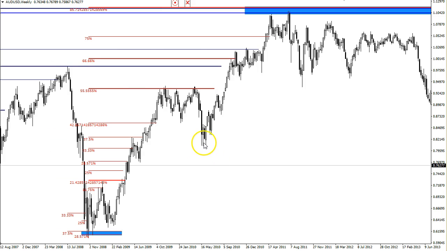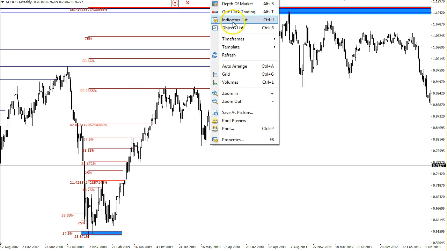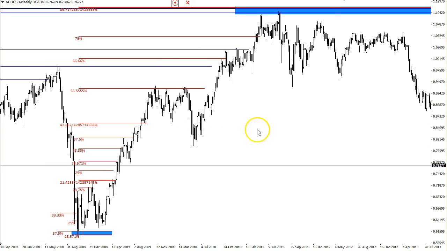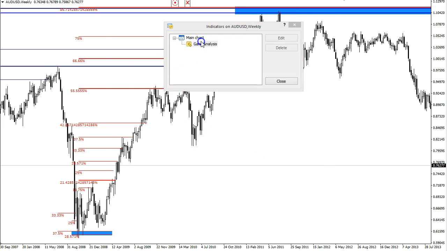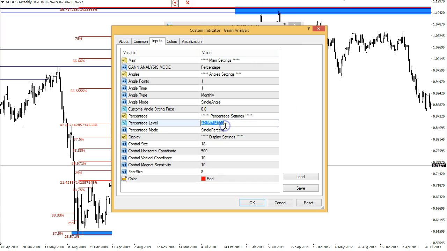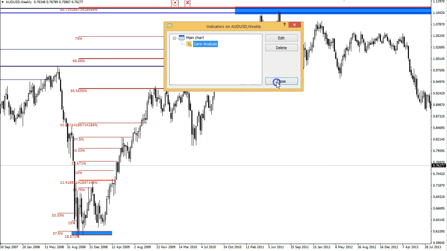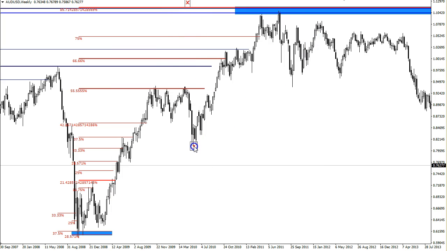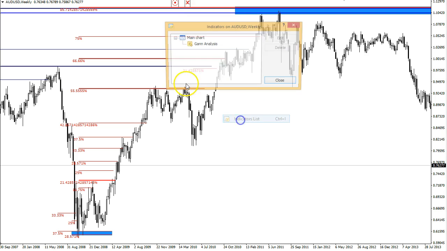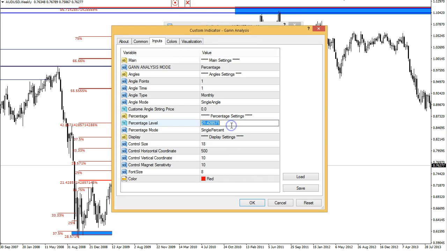From that low here, we'll start using the percentage. I will not make the full percentage now. I will start with the percentage that we stop, 21.428571. No reaction. You have 33.33.